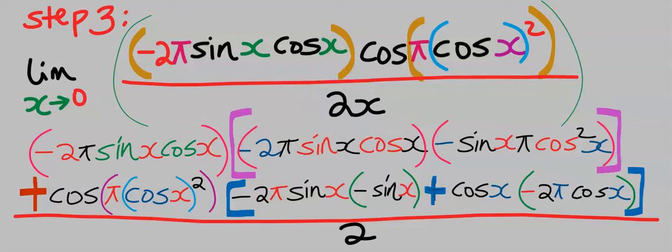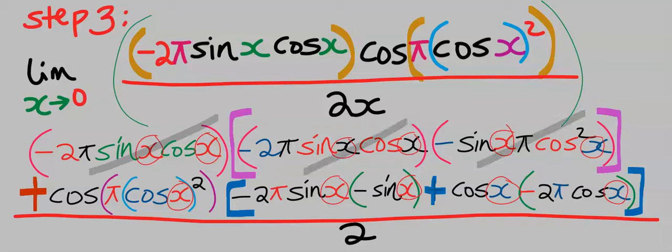Next, we take the limit as x tends to 0. That is, wherever I see x, I'm going to put 0. Then this will be 0, this will be 0, this will be 0, and this will be 0 as well.